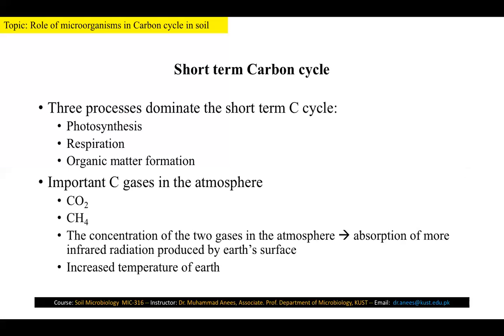They absorb the infrared radiation produced by the Earth's surface, which leads to increased temperature of the Earth.